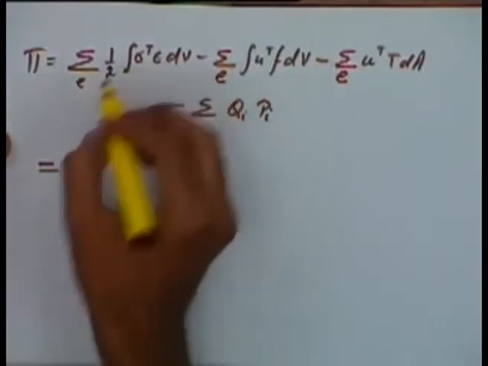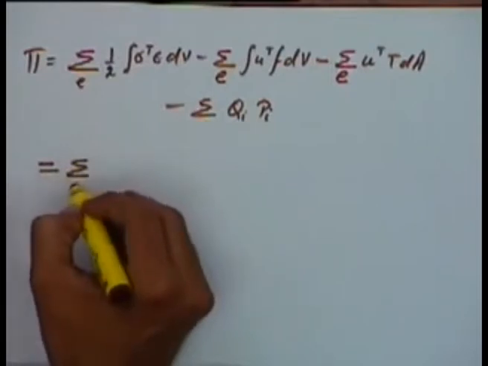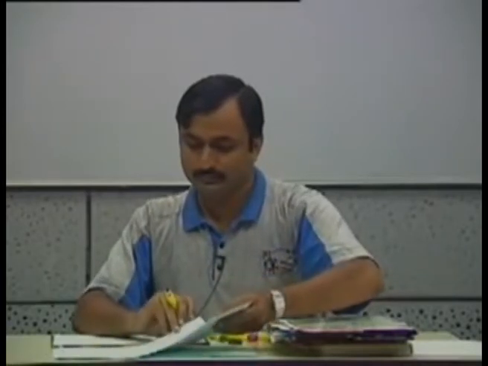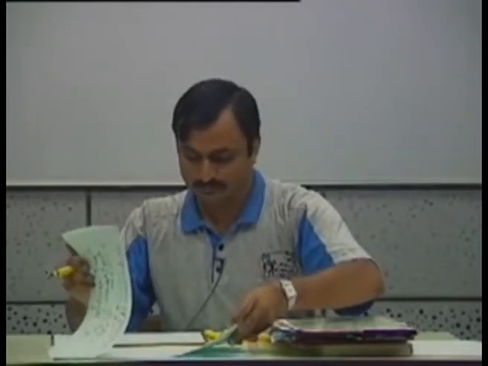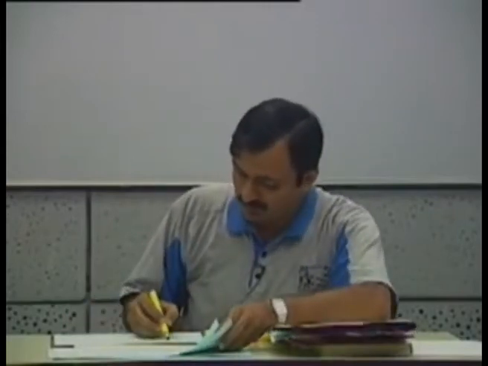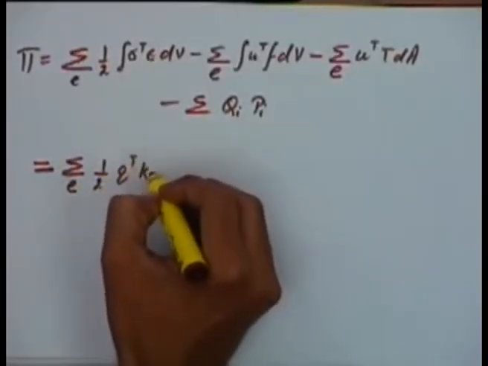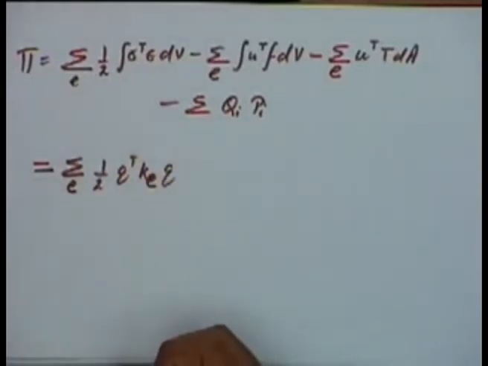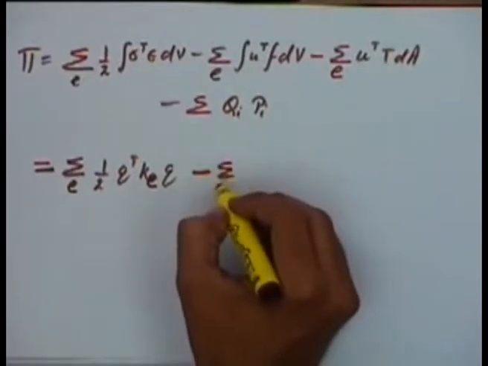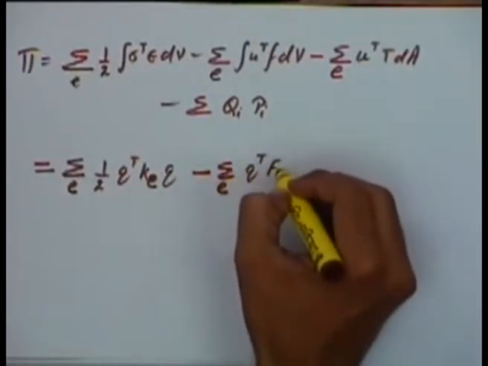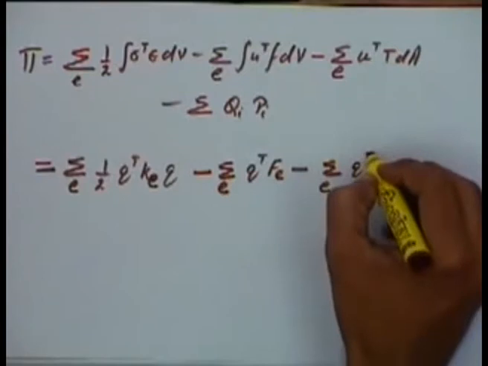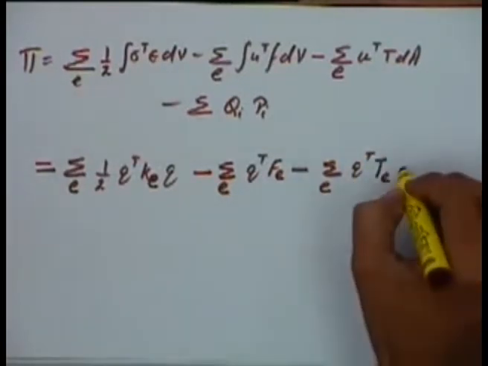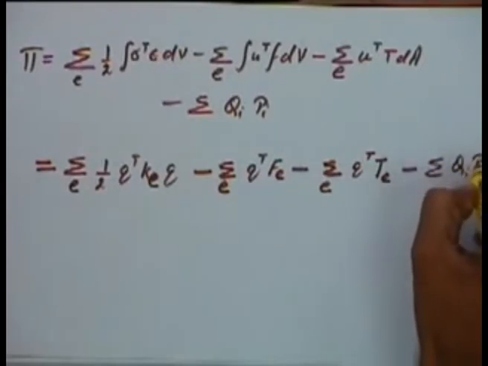This first term will now become summation over all the elements of half of Q transpose Ke into Q, minus summation over all the elements of Q transpose multiplied by Fe, minus summation over all the elements of Q transpose multiplied by Te, minus sigma Qi Pi.